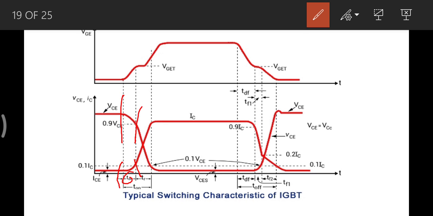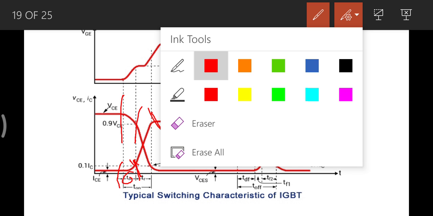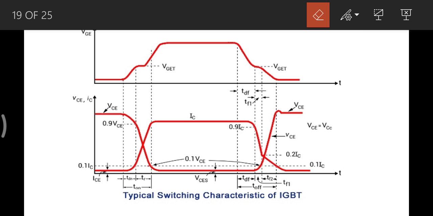See here, this is the graph. The time taken to rise from 0.1 IC to IC is considered as the rise time. So the total time taken to rise the current from 0.1 IC to IC is defined as the rise time.